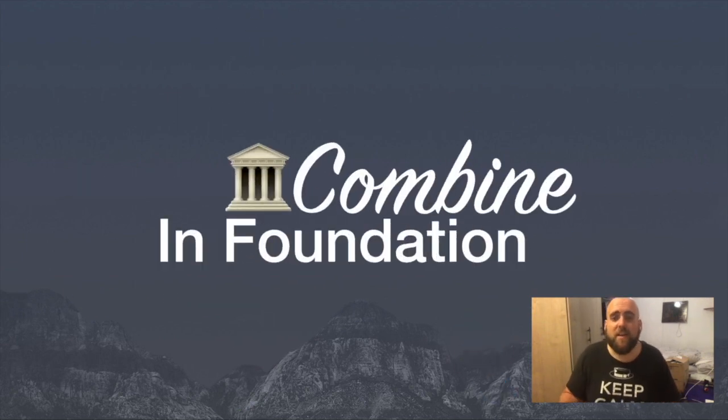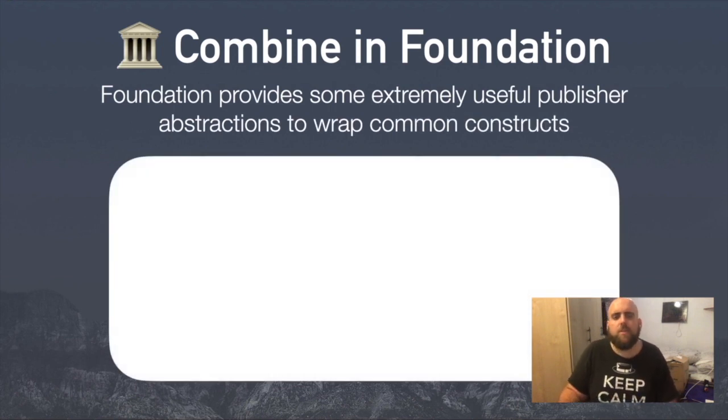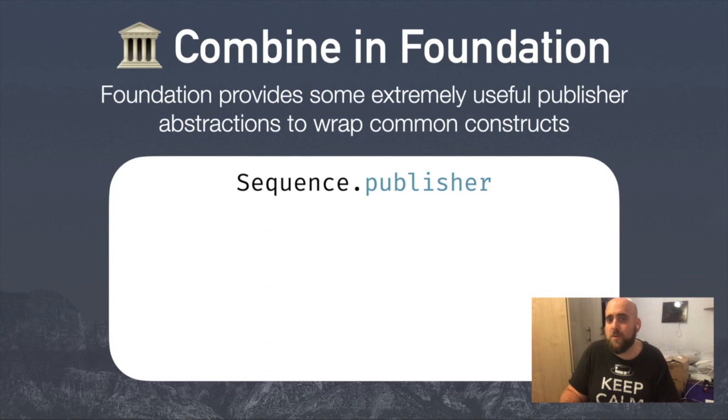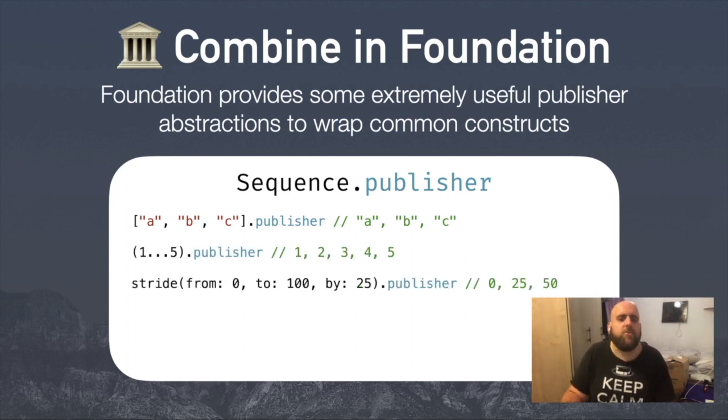Let's talk a bit about Combine inside Foundation. So Apple provided us a bunch of really useful constructs for Combine around Foundation types in code. That means that we can use really useful things such as sequence.publisher, which I showed you a bit earlier. Basically, whenever you use .publisher on any sequence, that means array, range, stridable, you're going to get a publisher that emits these values sequentially.